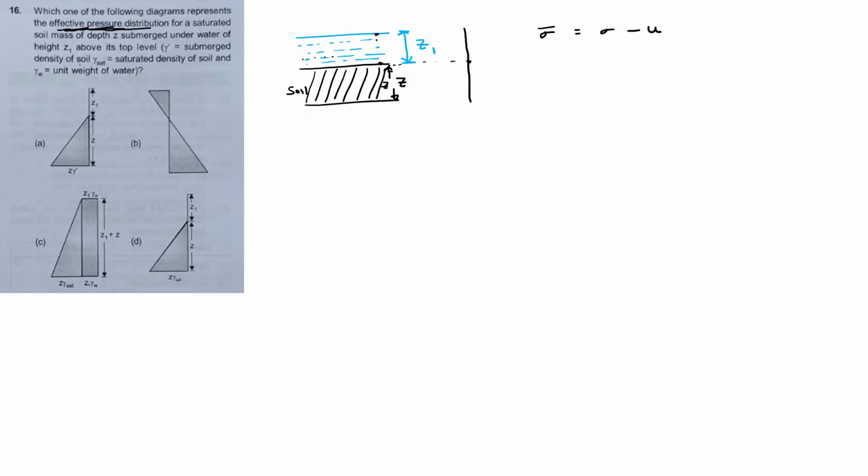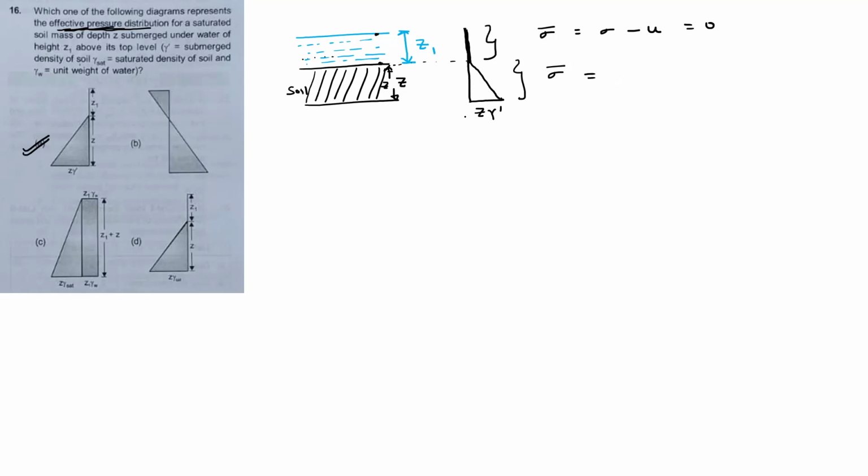So from here to here, effective stress will be zero, and the effective stress will start increasing from here, and the diagram will look like this, with z into gamma submerged at the bottom. So the answer will be A in this case.